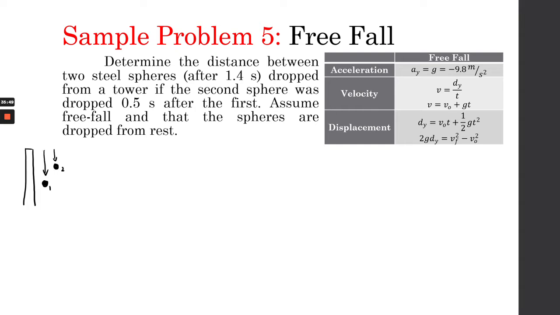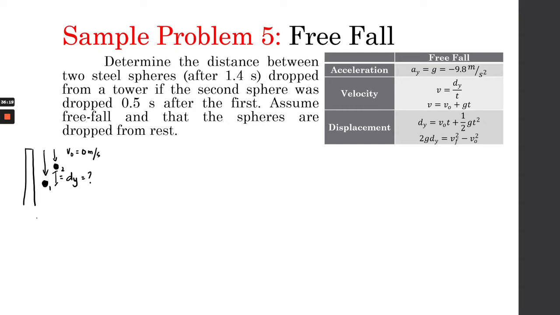So what that means is we drop sphere number 1, after 0.5 seconds we drop sphere number 2, and then we count 1.4 seconds, and we are measuring the distance between the two spheres. The initial velocities for both spheres are 0 meters per second. Okay, so that is the question being asked.